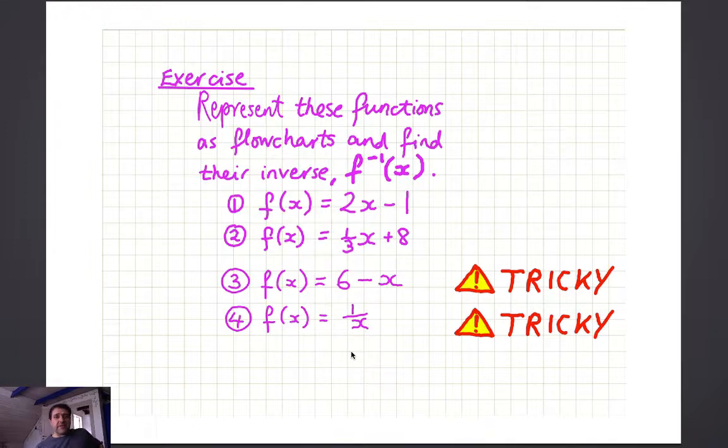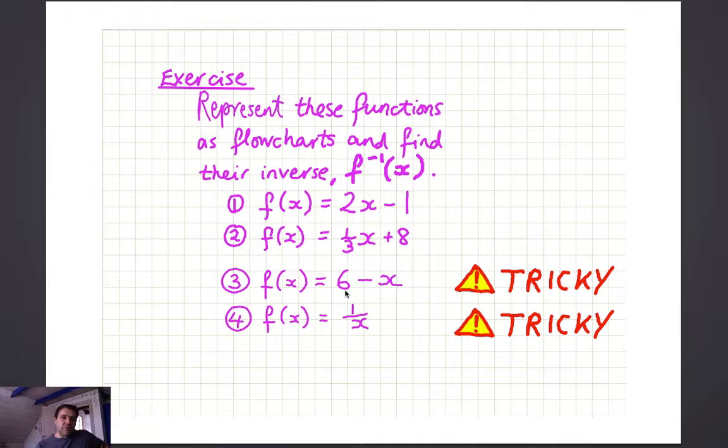So we did an exercise in class. Here are some functions, 4 questions. You have to represent them as flowcharts and then find their inverse functions. So what function will undo the effect of 2x minus 1? What function will undo the effect of a third x plus 8?